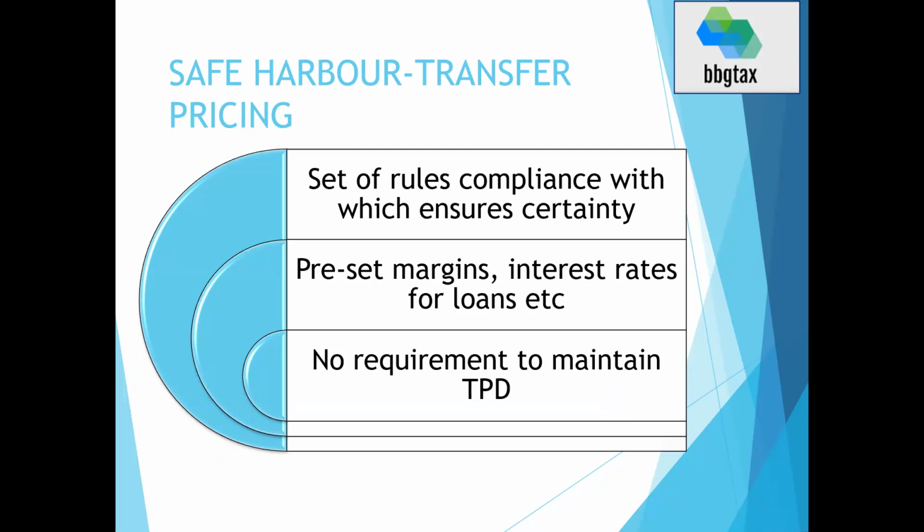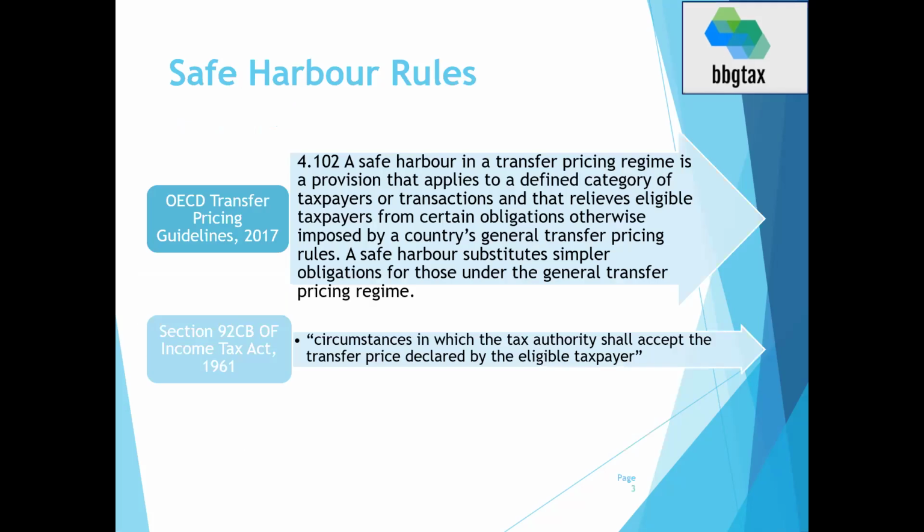It is a set of preset margins or interest rates for loans, etc. And once you opt for safe harbor provisions, then you will not be required to maintain a separate transfer pricing documentation to substantiate that your international transaction is meeting the arm's length conditions.